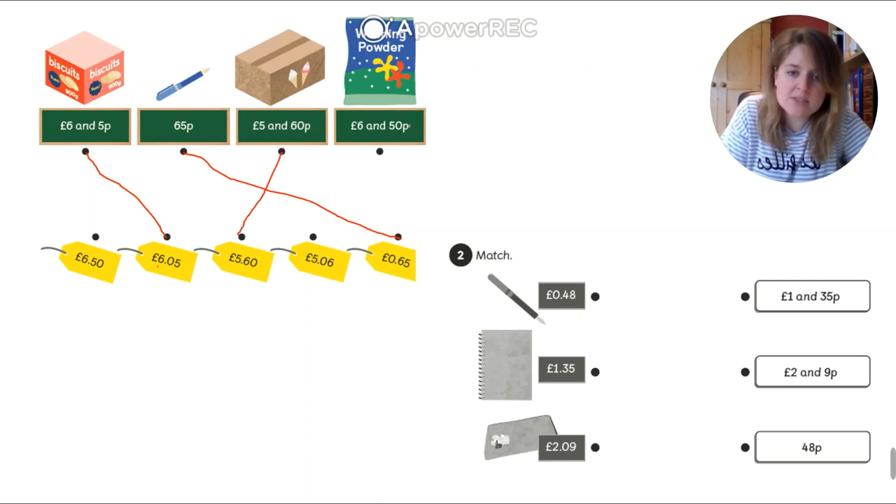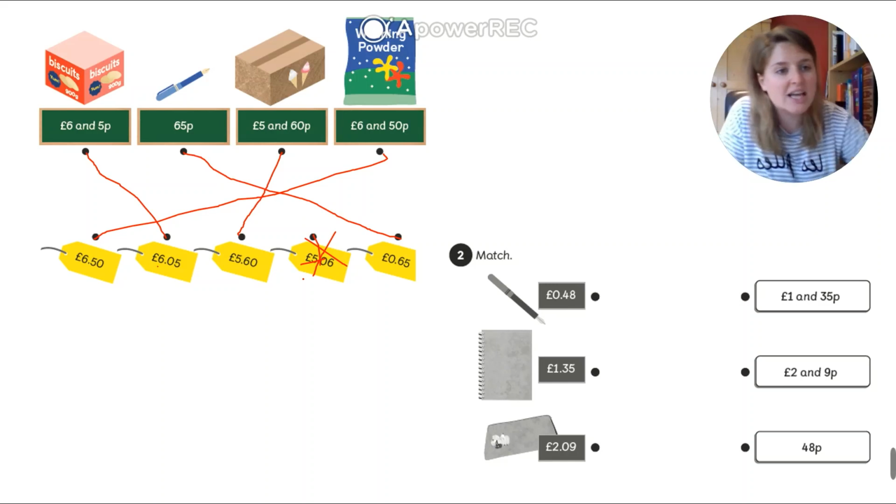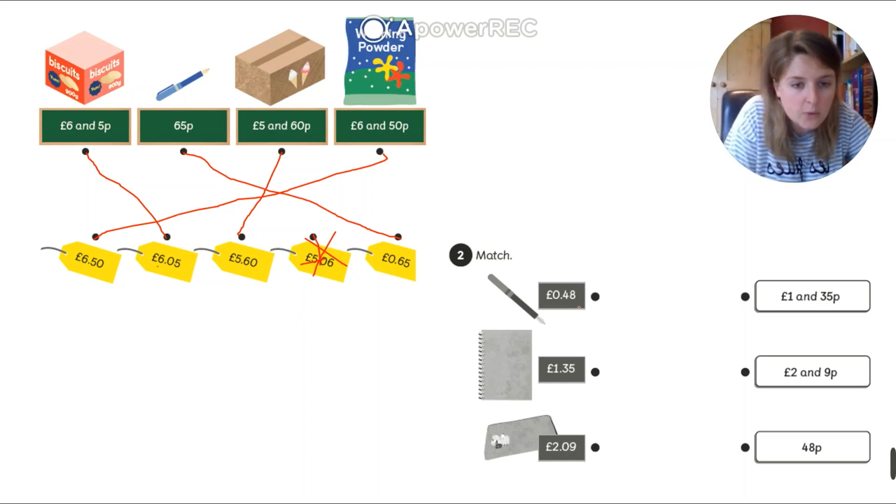Okay, £6 and 50p. Well, this one's £5 and 6 pence, so it can't be that one. And that's £6 and 50p. So that must go all the way across. There we go. So this one didn't match to anything, so that one's crossed out. Okay, let's look at this one. So I'm looking for £0 and 48p. Well, that's got pounds, so it can't be that one.